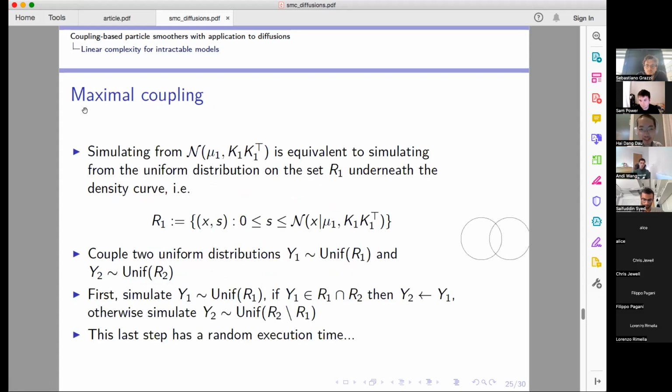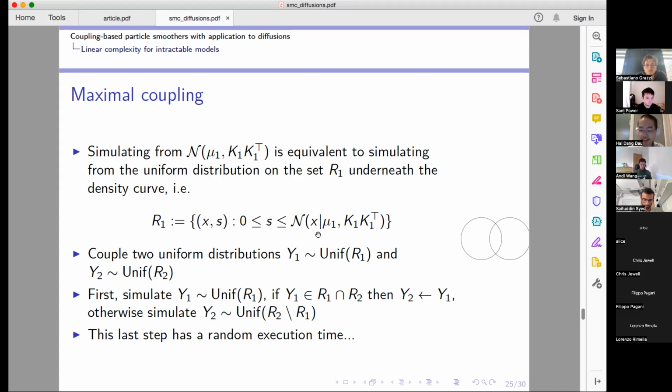Then you have the maximal coupling, which is very familiar. Simulating from a distribution is equivalent to simulating from the uniform distribution on the set underneath the density curve, right? So the set R1 underneath the density curve is given here. It's a couple (H, S), where H is in the space of your distribution, and S is a real number that runs from 0 to the density.